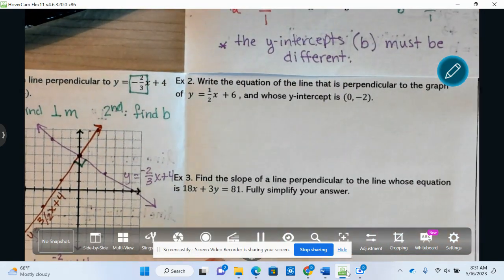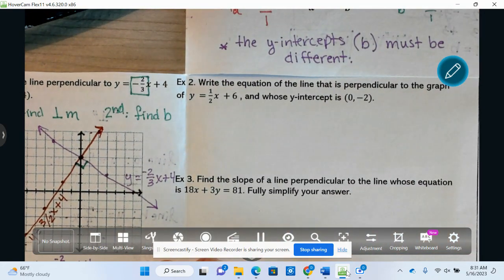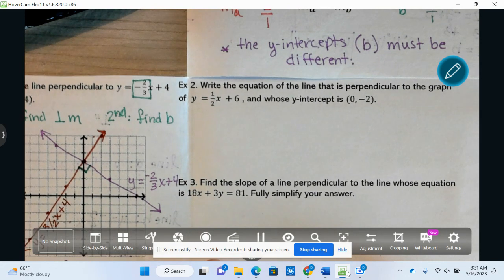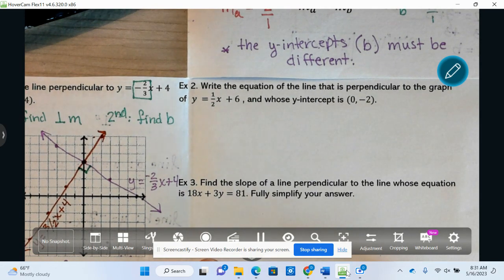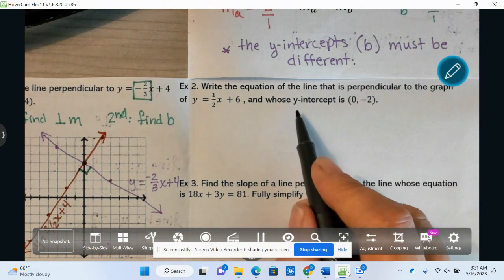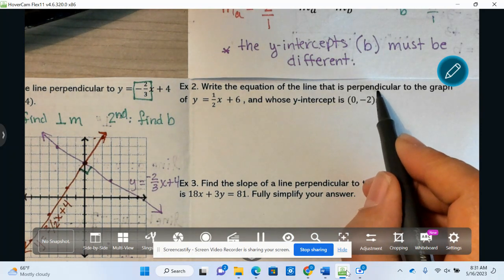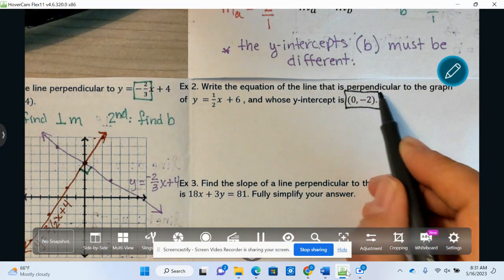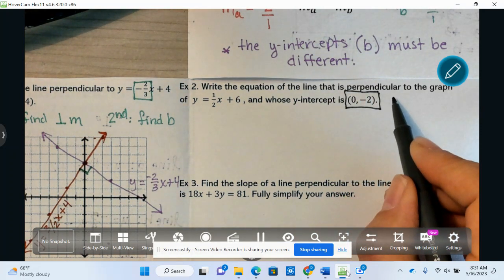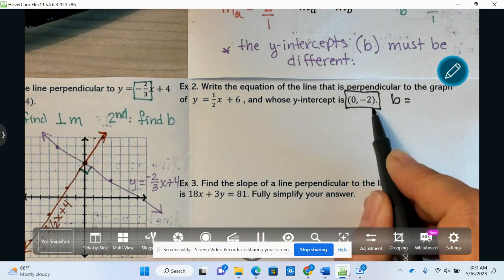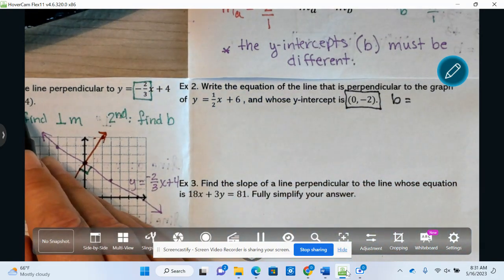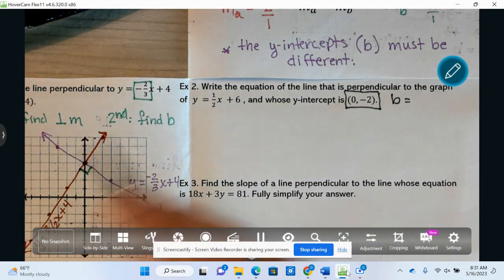So number 2 says, write the equation of the line that is perpendicular to the graph of y equals 1/2 x plus 6, and that has the y-intercept of 0, negative 2. So this is already telling me what b is. This tells me that b is what? Yeah, just like here we had the ordered pair 0, 4, and our y-intercept was 4.